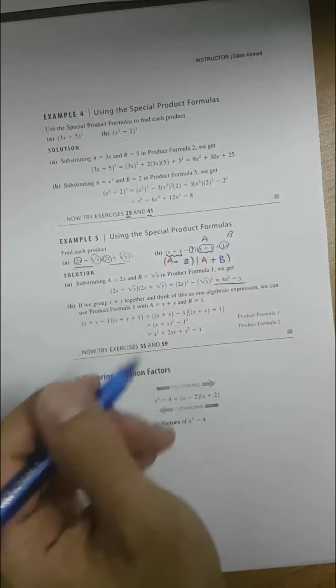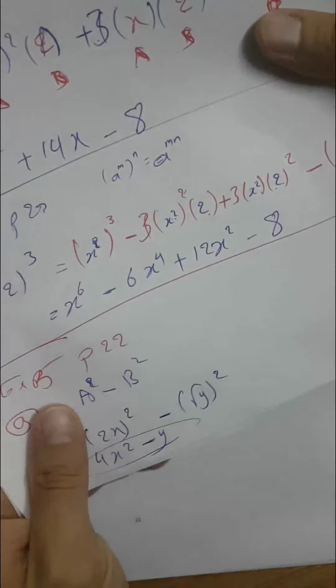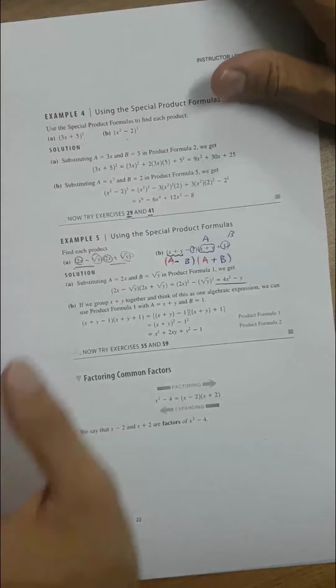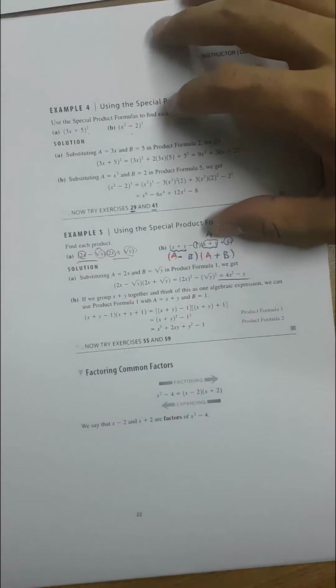So try to apply formula 1 and you will get the result. Okay, dear? That's very important here. And try to deal with the special products formulas and not just memorize them. Try to apply them and solve more examples on it.